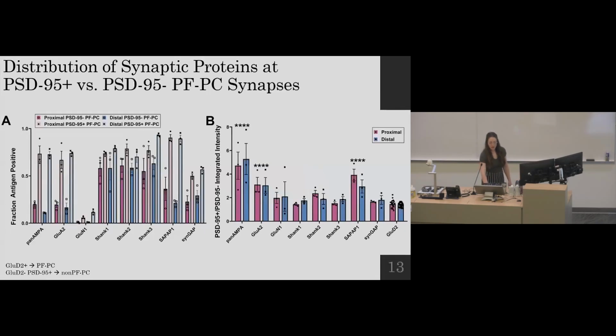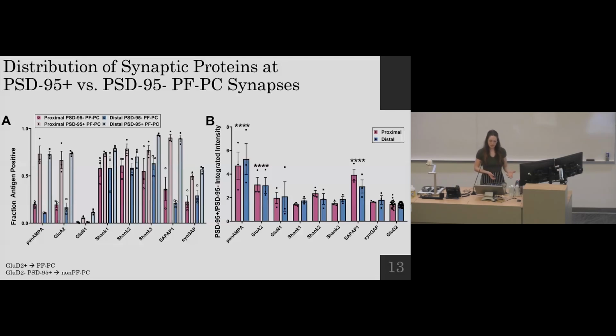So as I mentioned earlier, there's a small subset of these parallel fiber to Purkinje cell synapses that are positive for PSD95. So I decided to take a closer look at which of the parallel fiber to Purkinje cell synapses were positive for PSD95.